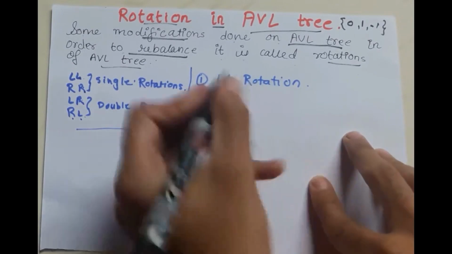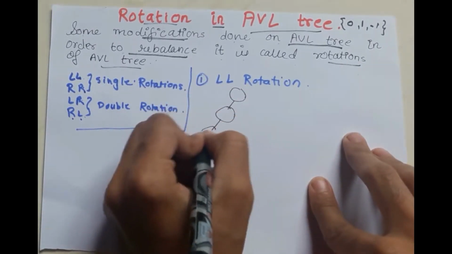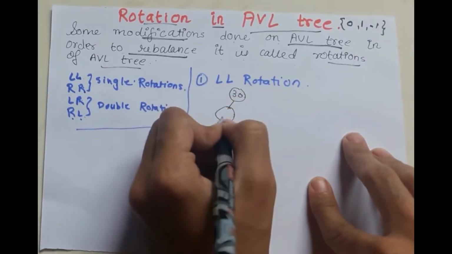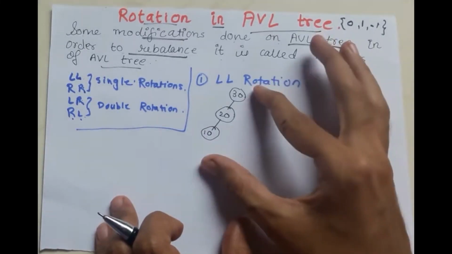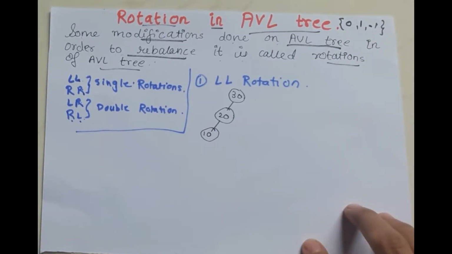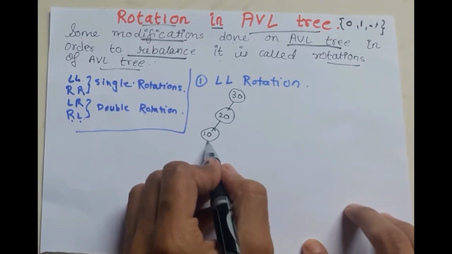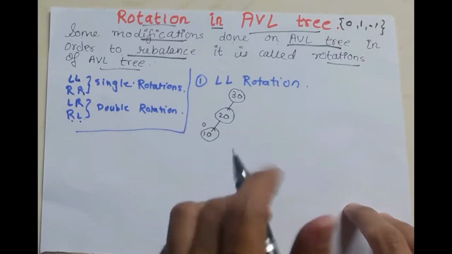Now consider this tree. Suppose this is the tree given to you. Now first thing you will do, you will check the balance factor for each node. So balance factor for node 10 is 0 because 0 minus 0 is 0.